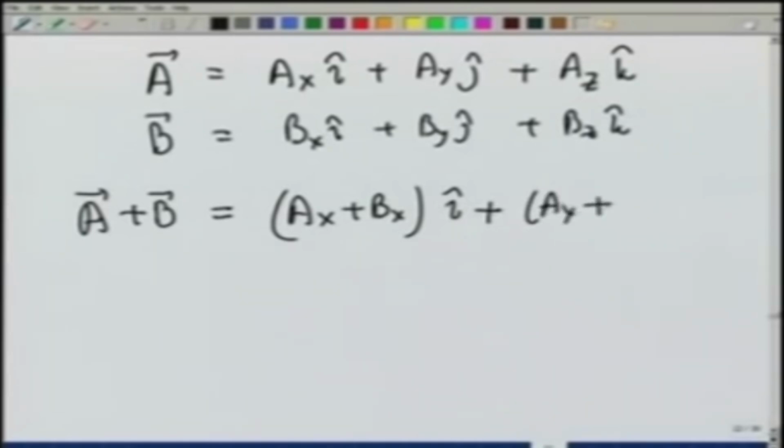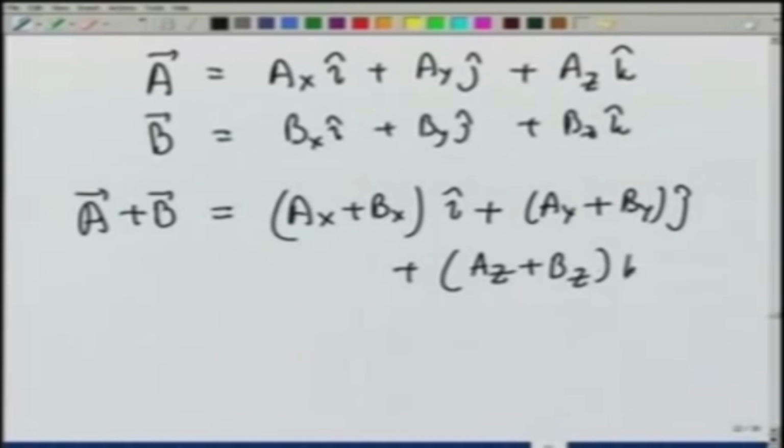Then I add the y components, and then the z components. Similarly, minus B would be nothing but each component of the B vector becoming negative.